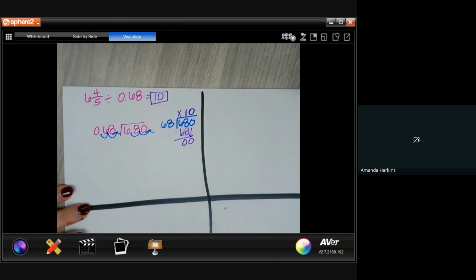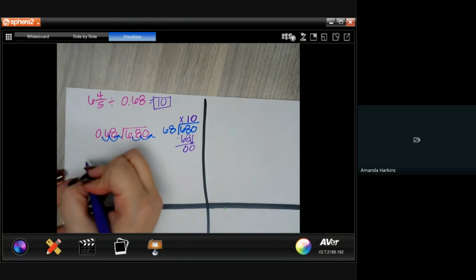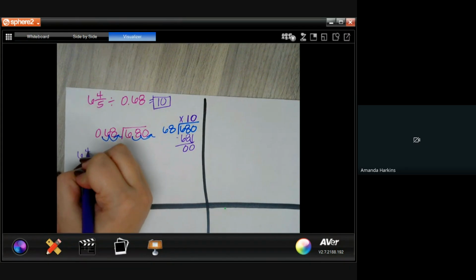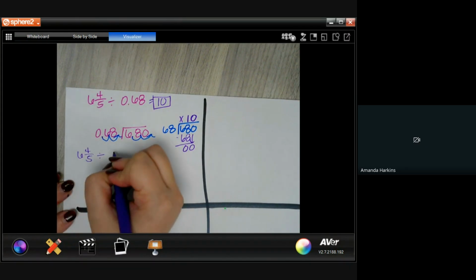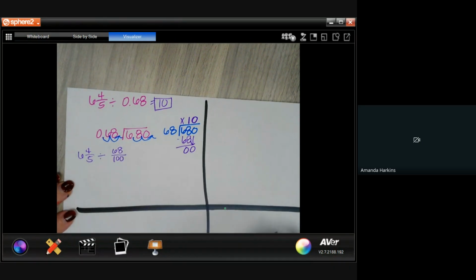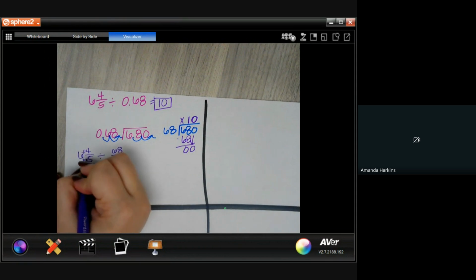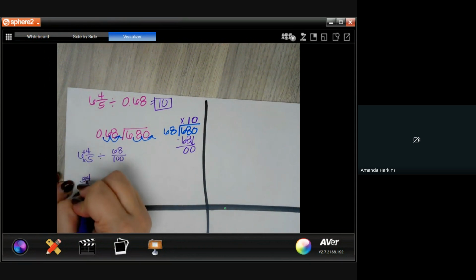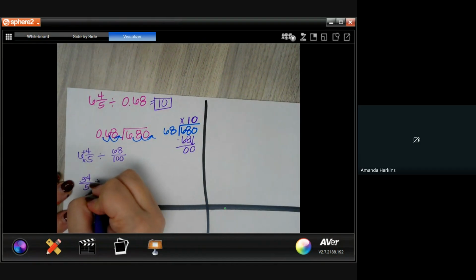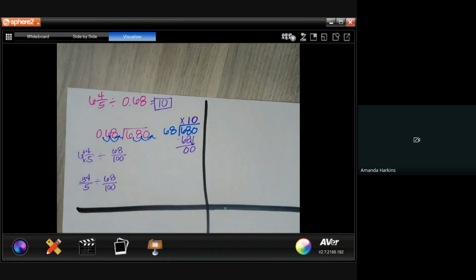Let's see how it is with fractions. So we have 6 4/5 divided by 68 over 100. 34 over 5 divided by 68 over 100. Remember, we are multiplying by the reciprocal.